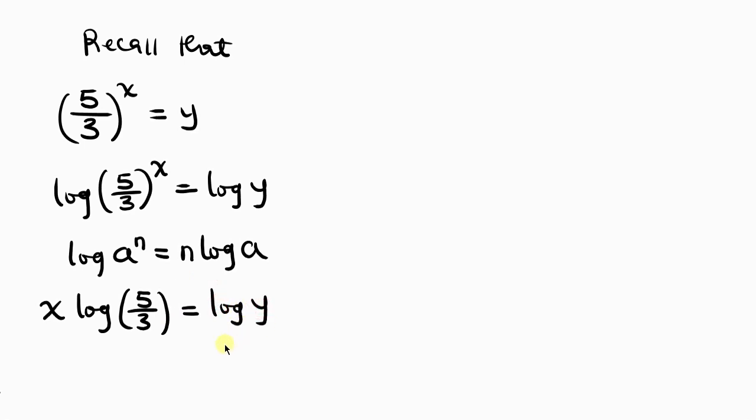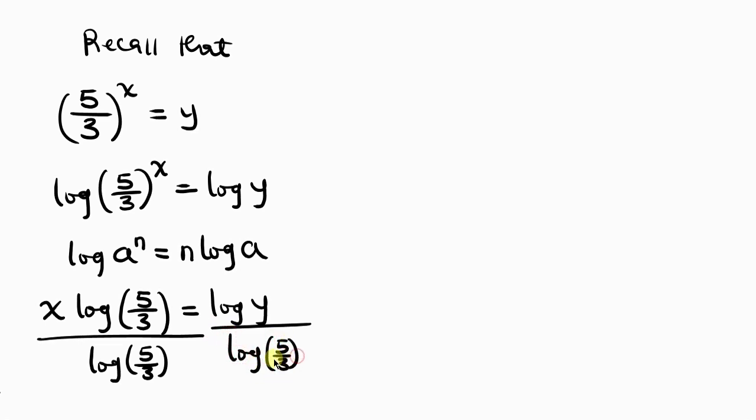Very good. Now, since we're looking for x, all we have to do here is to divide both sides by log 5 over 3. So I'll divide the left-hand side by log 5 over 3. And I'll also divide the right-hand side by log 5 over 3. Very good. Now notice that log 5 over 3 cancels out from here.